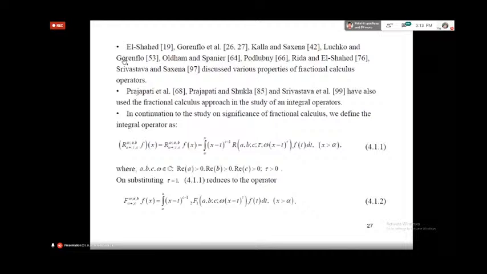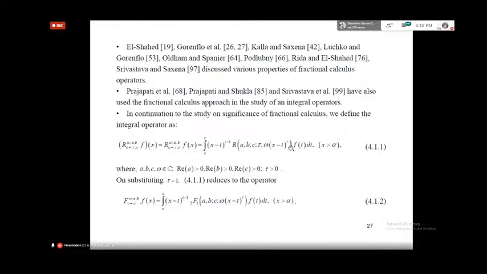Here we take the concept of Erdélyi, Kilbas, Saxena, and others. If you are working on fractional calculus, this is a very wonderful book, references 64 and 66.